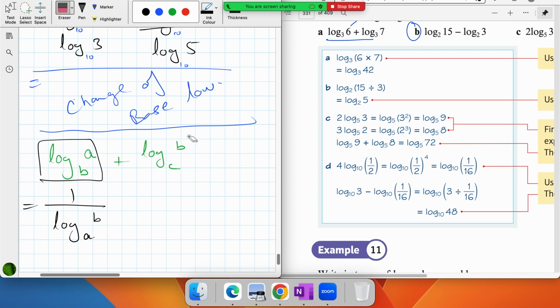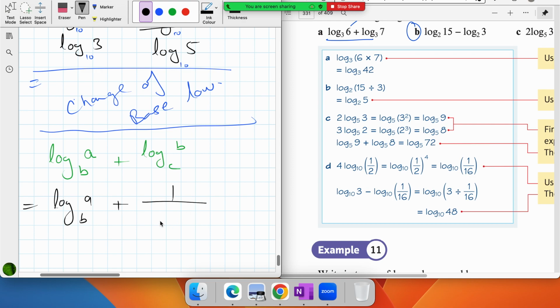They're actually switched. I should have taken reciprocal of the second item. So this is log of a to base b plus 1 over log of c to base b. They get switched when you take reciprocal. So now the base is b and the base is b. Next step would be taking the LCM.